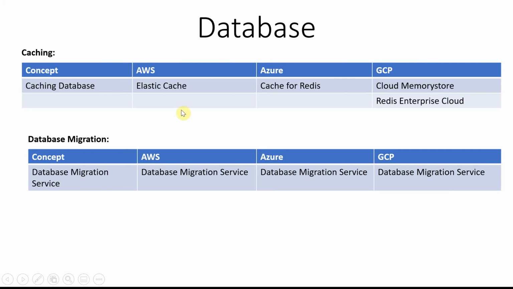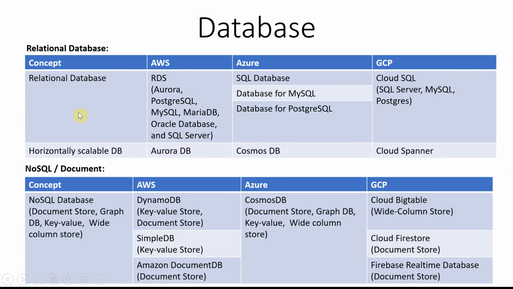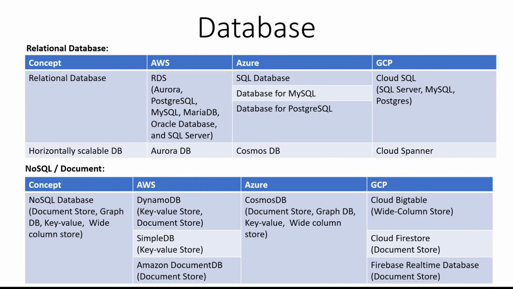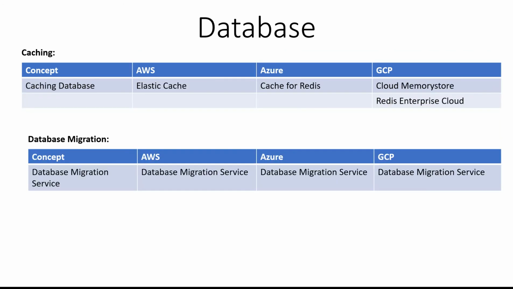And this is a separate variation here, which is a caching category. It's not a full-fledged database like NoSQL or relational DBs, but these sit in front of a popular DB. Let's say you want to do caching, then this will help.